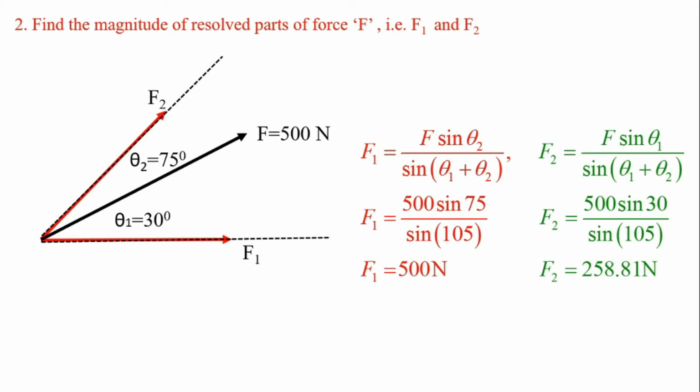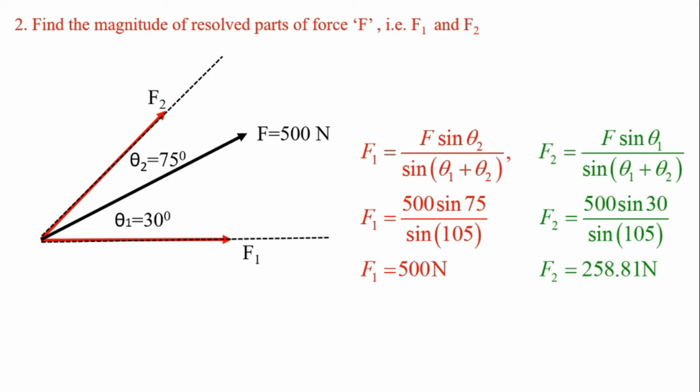Theta 1 is the angle between F and F1, theta 2 is the angle between F and F2. So using the equation for F1, F1 is equal to F sin of theta 2 upon sin of theta 1 plus theta 2, and F2 is equal to F sin of theta 1 upon sin of theta 1 plus theta 2, and writing all the values of F, theta 2, theta 1, etc., we can calculate the components.